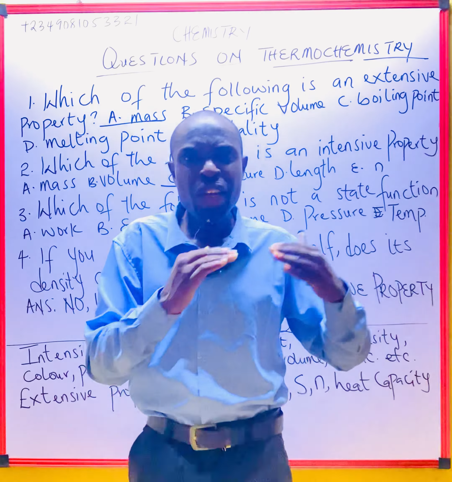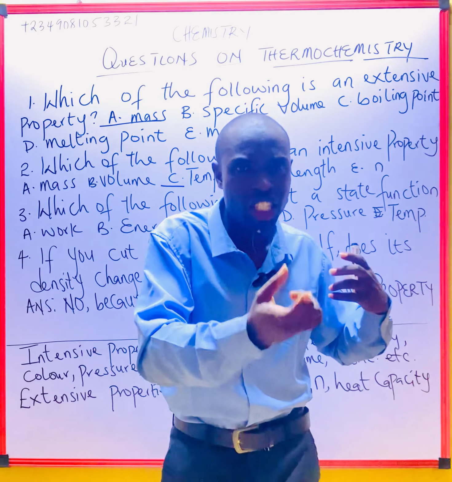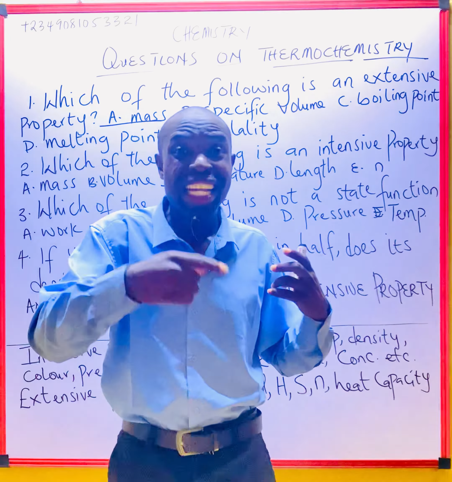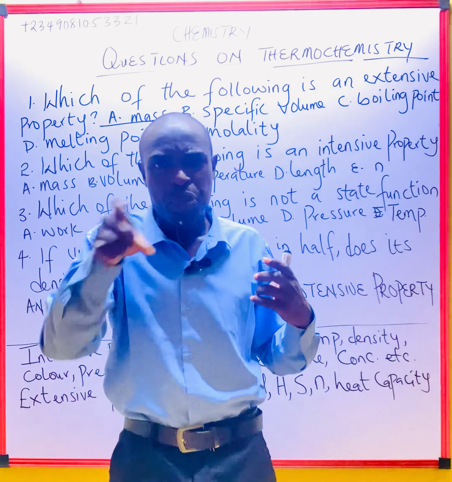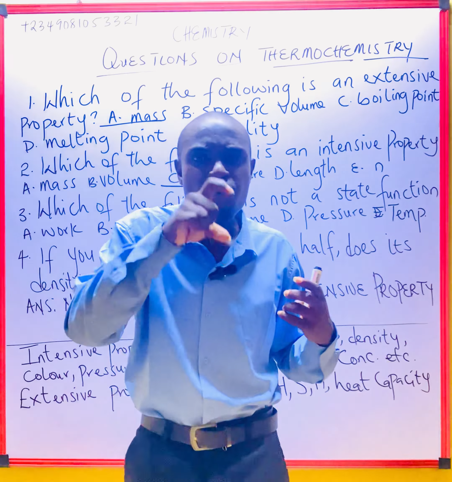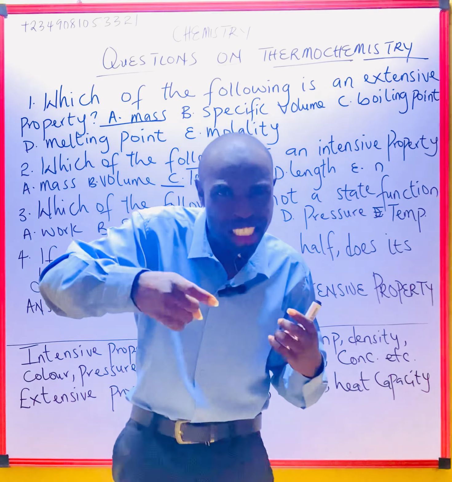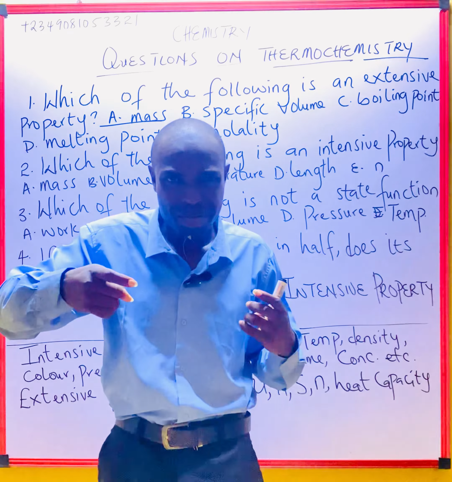The opposite of intensive is extensive. If intensive properties do not depend on the quantity of matter the system contains, then extensive properties should depend. Extensive properties are properties that depend on the quantity of matter a system contains.